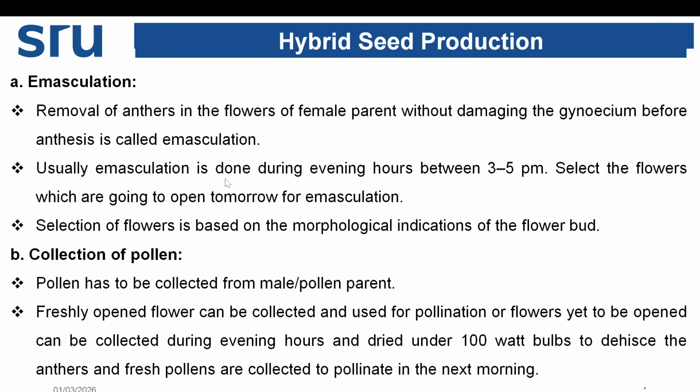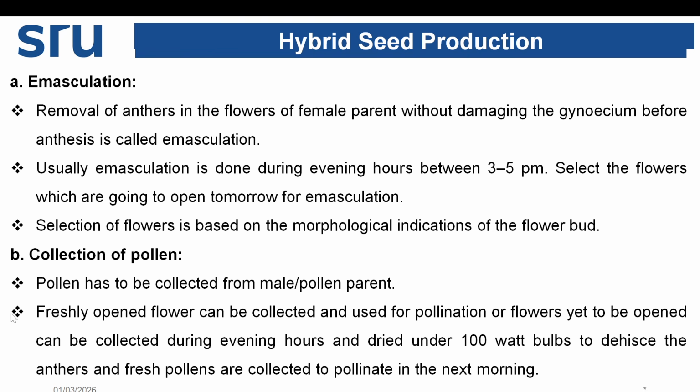That is called emasculation. Usually emasculation is done during evening hours between 3 to 5. You need to select the flowers which are going to open tomorrow for emasculation. Selection of flowers is based on morphological indications of the flower bud.